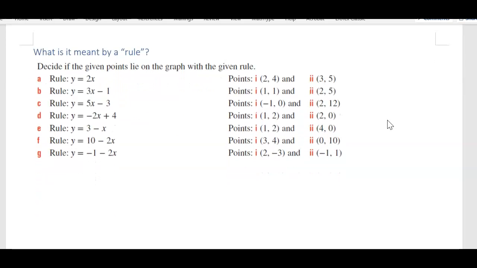So you can see here, we've got a whole bunch of rules, and we're going to actually be graphing these later. But the question asks, decide if the given points lie on the graph with the given rule. So we've got a rule here. Let me just highlight it.